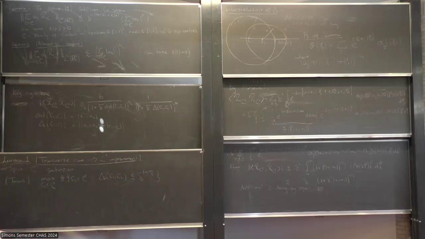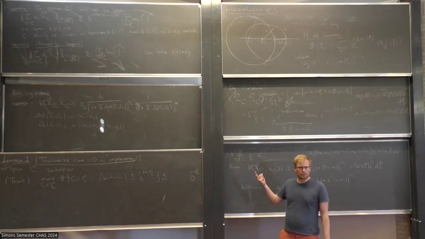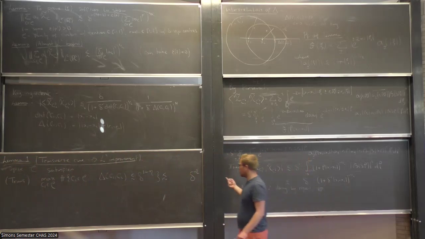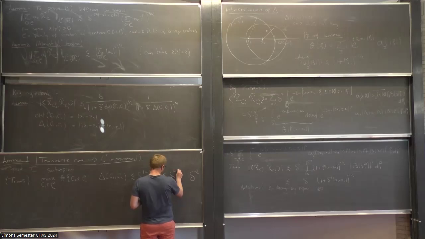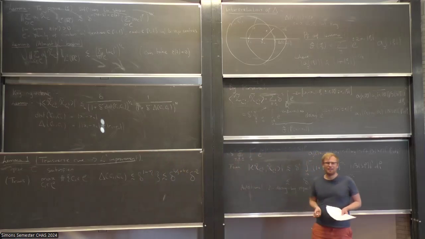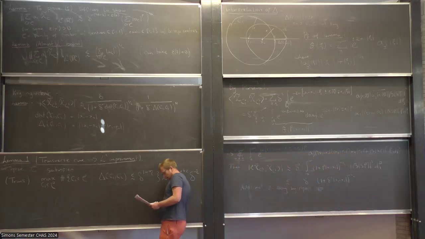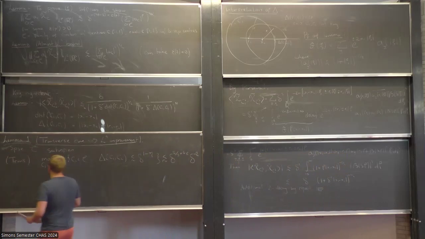So close to being tangent, and we want there to be fewer of these. A trivial bound would be delta minus 2. There are at most delta minus 2 circles in the collection if we've got delta separated centers. We want it to be small, so we're going to beat the trivial bound by quite a lot. So I'm going to use delta to the 2/3 plus 4 epsilon. These numbers look kind of random right now, and there's a lot of leeway to choose them. And these eta and epsilon are just some fixed parameters.